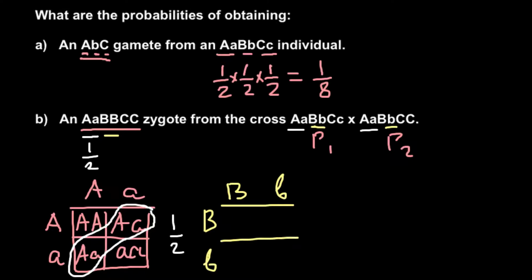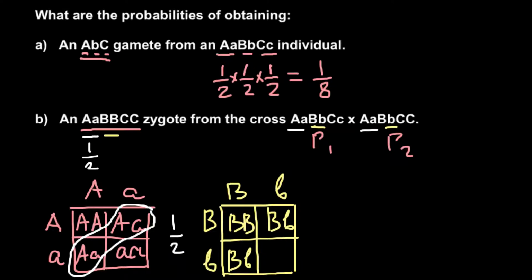Once again, we build a Punnett square, and here are the genotypes: capital B capital B here, capital B small b here, capital B small b here, and small b small b here. So now we are looking for the genotype that is capital B capital B, and as you see, the chances of obtaining this genotype would be 1/4.